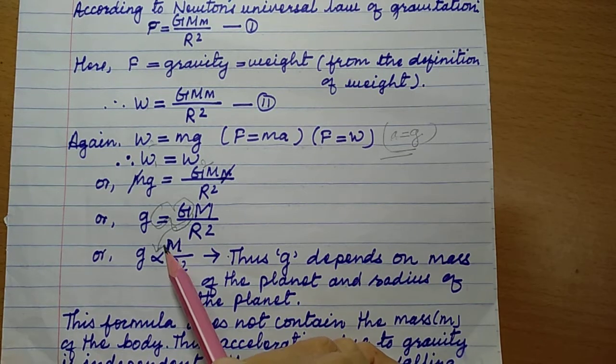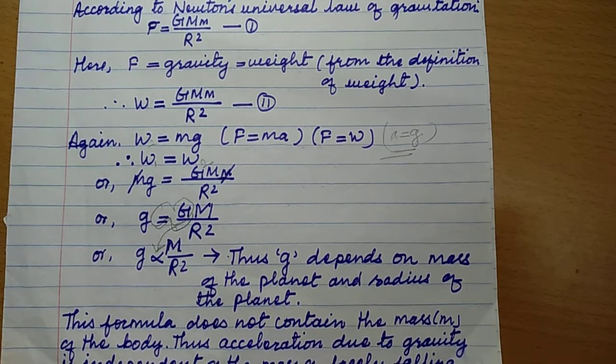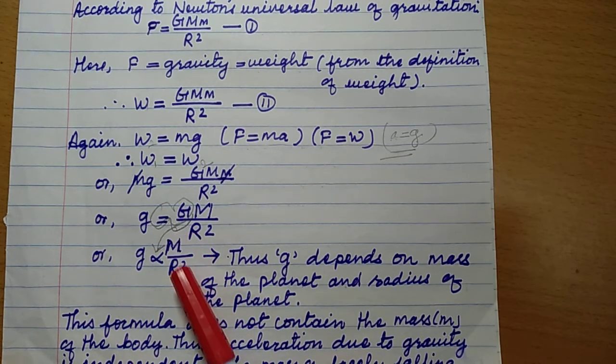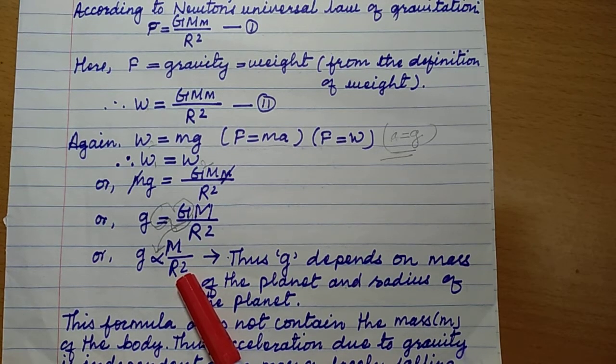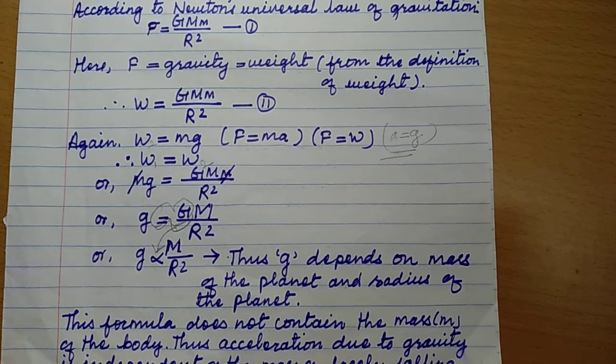Now you see g is proportional to capital M divided by r square. Here capital M is the mass of the earth and capital R is the radius of the earth. Thus g depends on mass of the planet and radius of the planet.